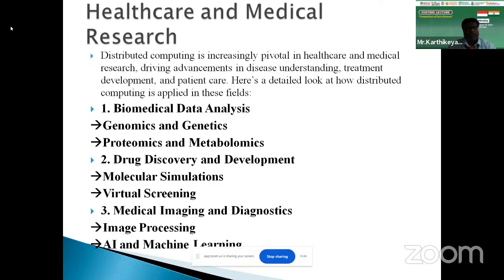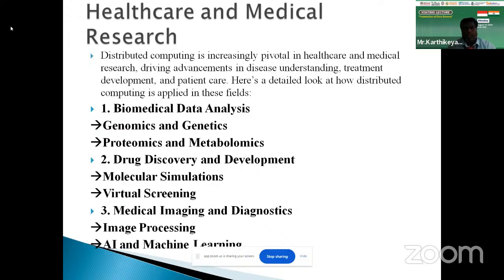The second one, proteomics and metabolomics, is nothing but analyzing protein structures and metabolic profiles, which requires substantial computational power.